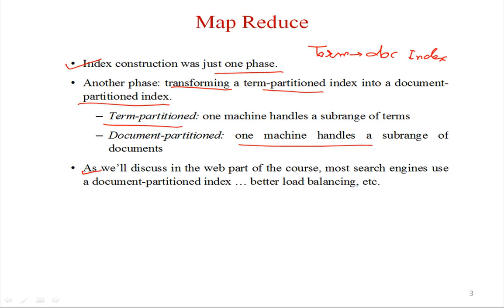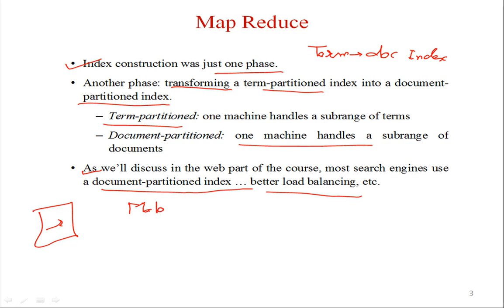As I discussed in the web part, most search engines use a document partitioned index, which is better for load balancing. In document partition indexing, we take a bunch of documents and pass them through a mapper function on the map cluster nodes.